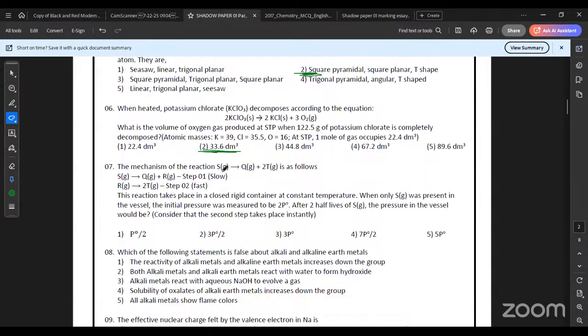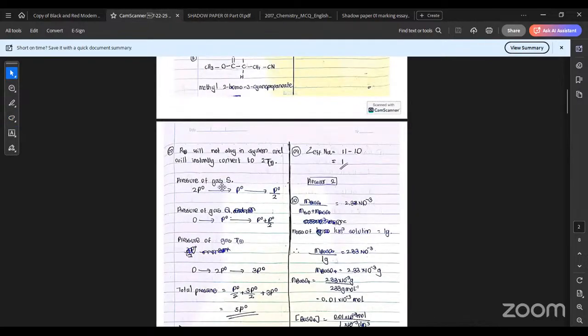So when P naught of S reduces, P naught of Q will increase. So this one goes from 0 to P naught. And for this one, stoichiometry 1:2, it will go from 0 to 2P naught, right? Remember that. Then next one, P naught goes to P naught over 2. Makes sense, right? It becomes half-life.